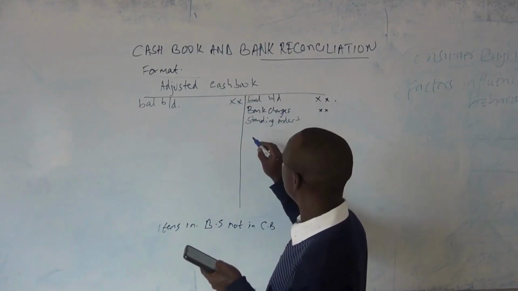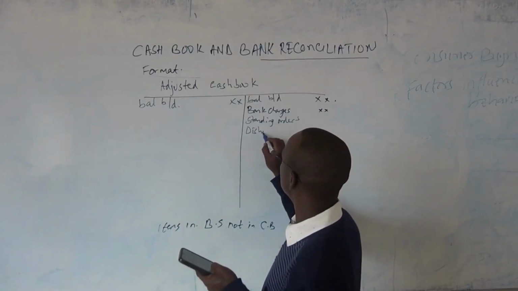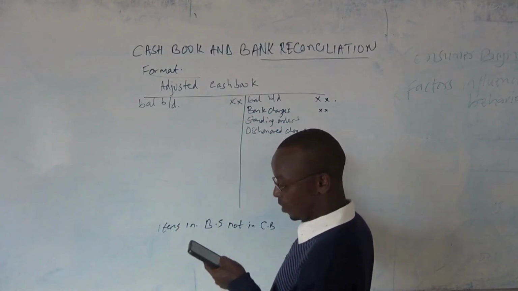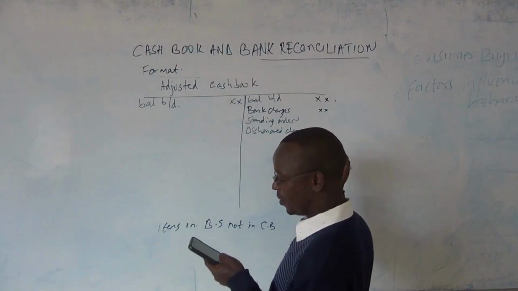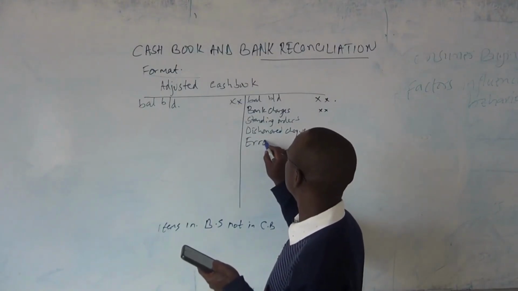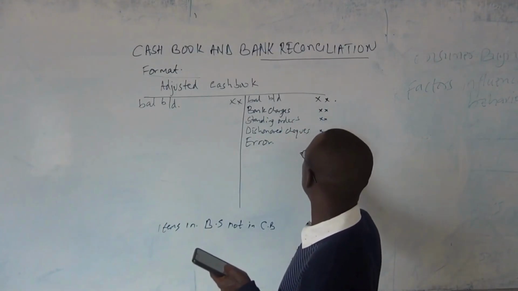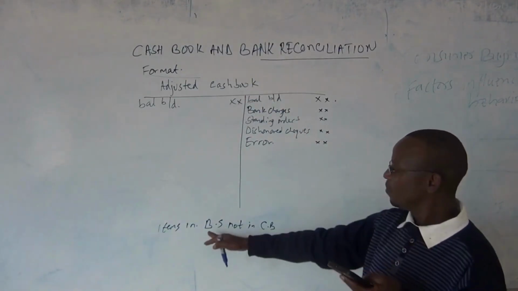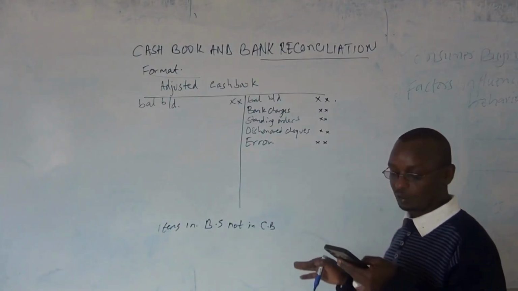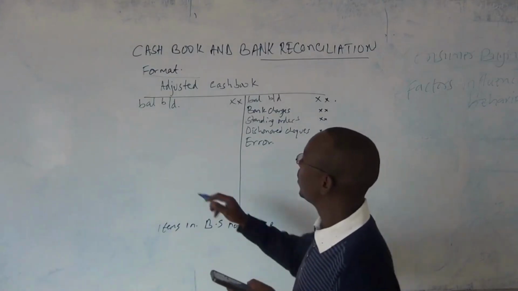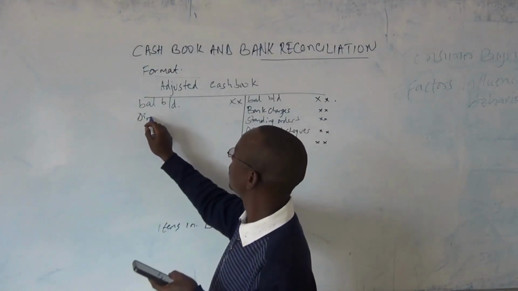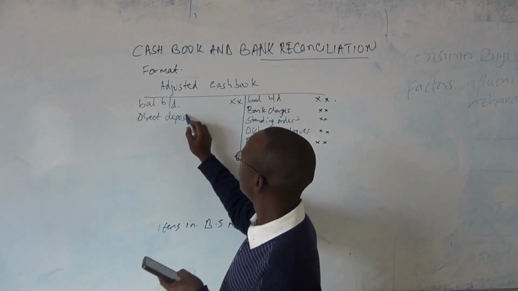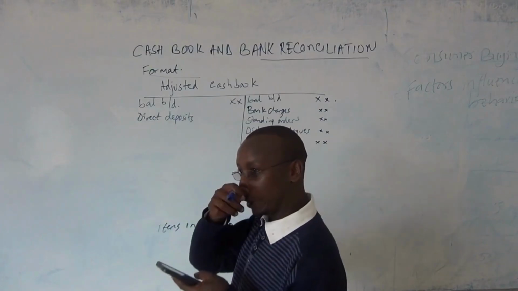Maybe there was a dishonored check. Maybe there was an error. All of them, the ones that we have stated earlier. You look at the items in the bank statement, not in the cash book. Then also, you can have direct deposits. Utaziona kwa bank statement, haziko kwa cash book.